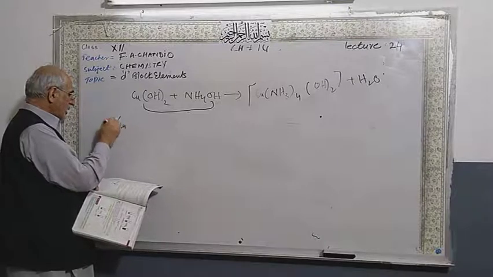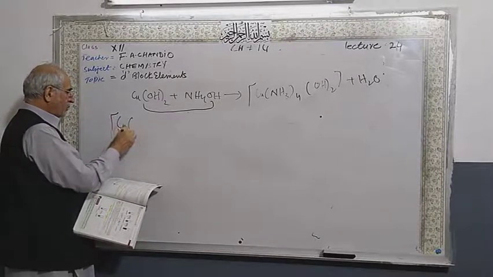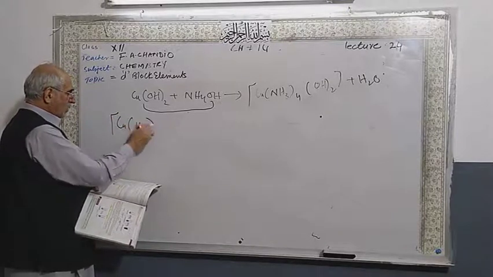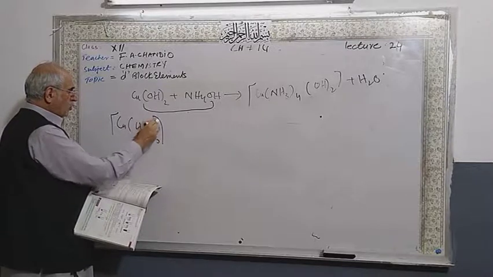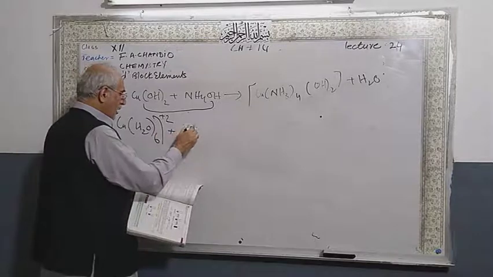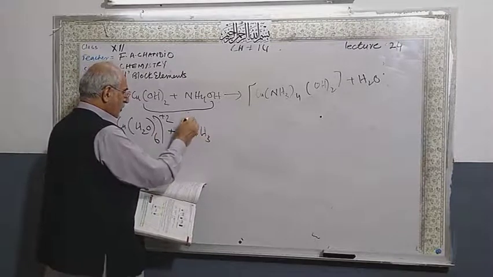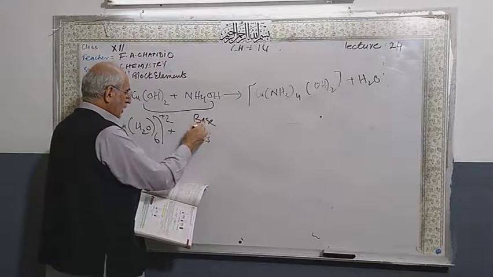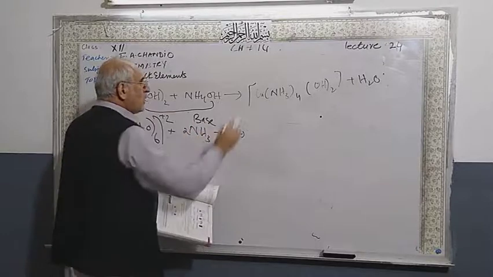In this sense, you can write hexa aqua copper 2 plus ammonia; ammonia acts as a base, you will get this.